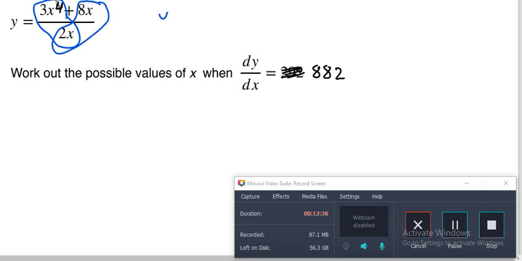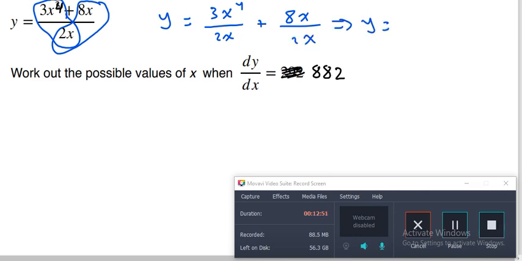So the expression will be y equals 3x^4 over 2x plus 8x over 2x. So in the simplest form it will be 3/2 x^3 plus 4. This is the expression which we will differentiate. So dy/dx equals 9/2 x^2, and the second part equals 0.